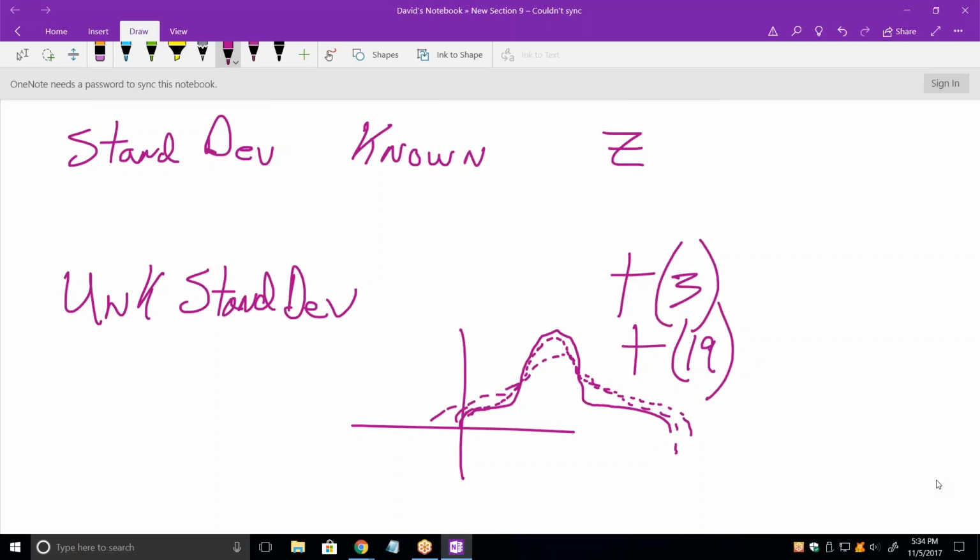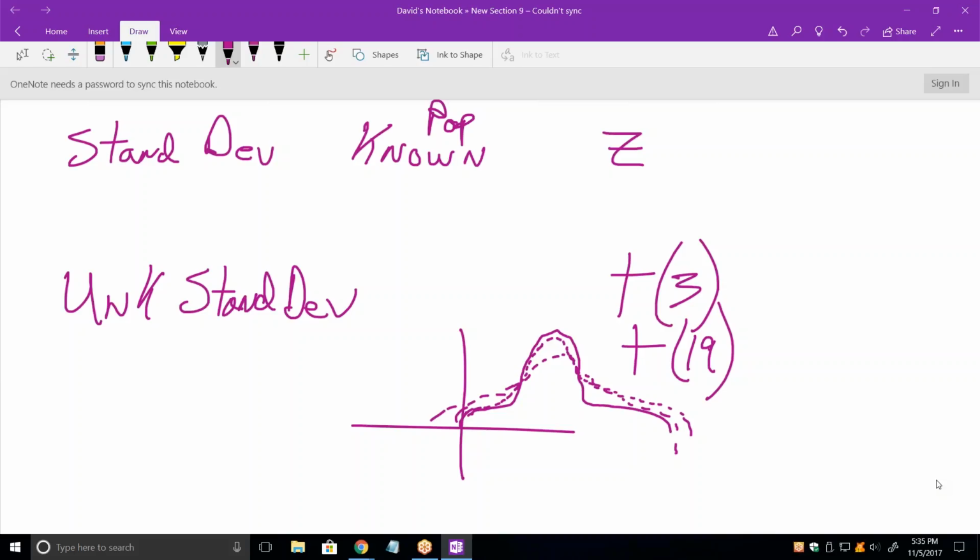Now, let's just talk about a little bit different. When I say the standard deviation is known, that's of the total population. So let's just take a couple of examples. What would be a good thing that we would know? Let's say the average age of everybody in the United States.